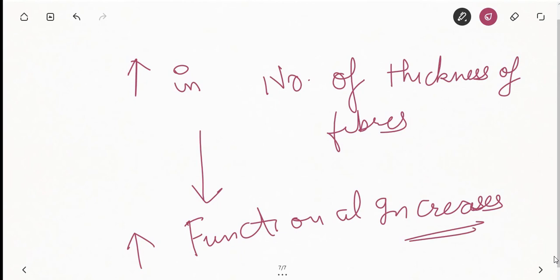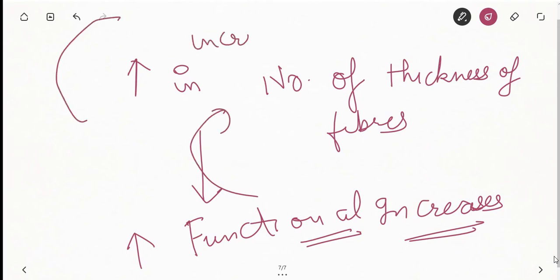Increased functional change causes an increase in the number of fibers and an increase in the width of the PDL. A reduction in function will lead to narrowing of the ligament, and a decrease in the number and thickness of the fiber bundles. Coming to the extracellular structures that are present in the periodontal ligament.